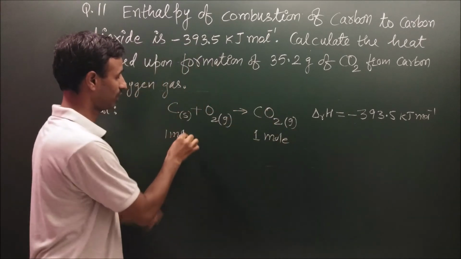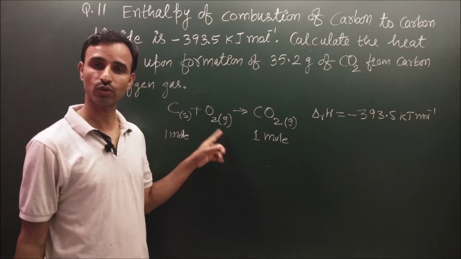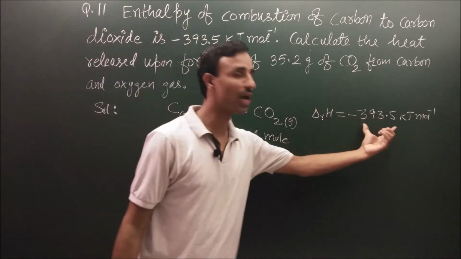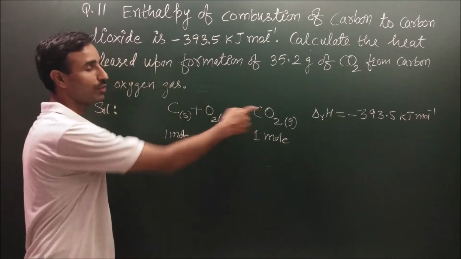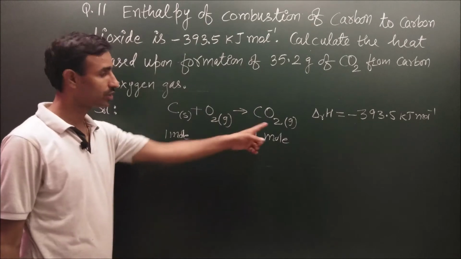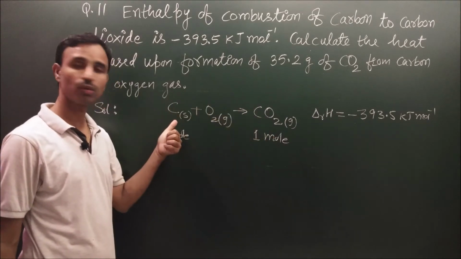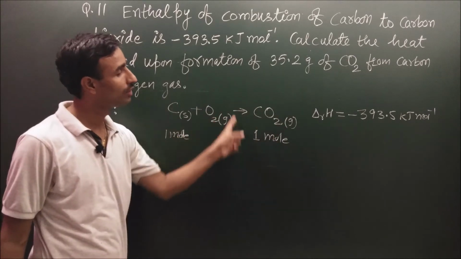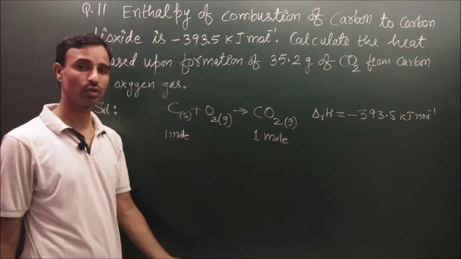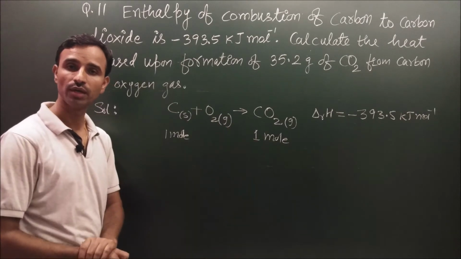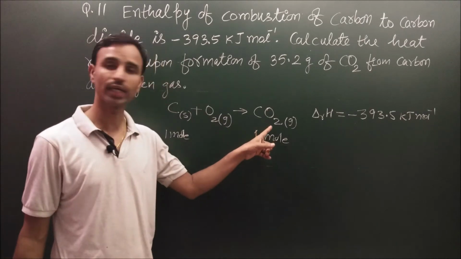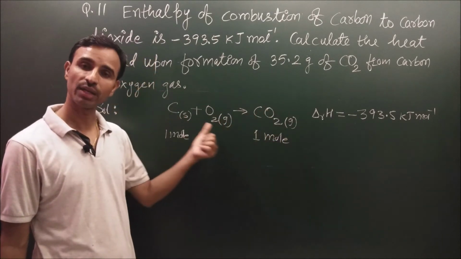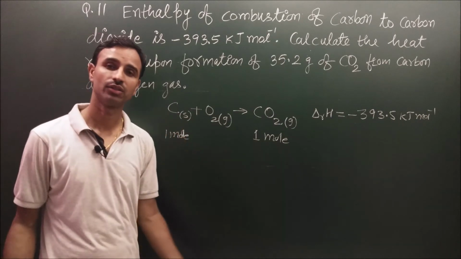Enthalpy of combustion of carbon is equal to enthalpy of formation of CO2. Because what is enthalpy of formation? Amount of enthalpy change when 1 mole of compound is formed from its constituent elements in their standard state.